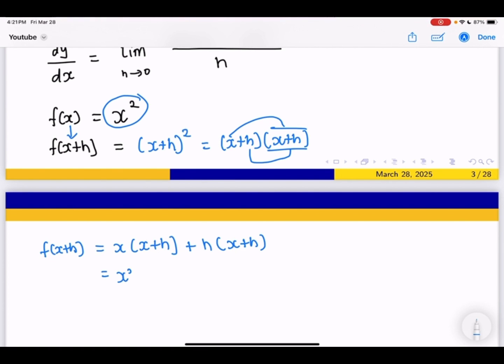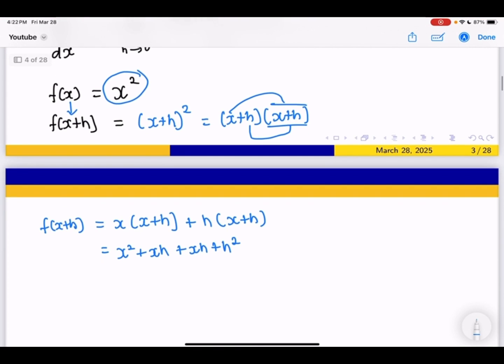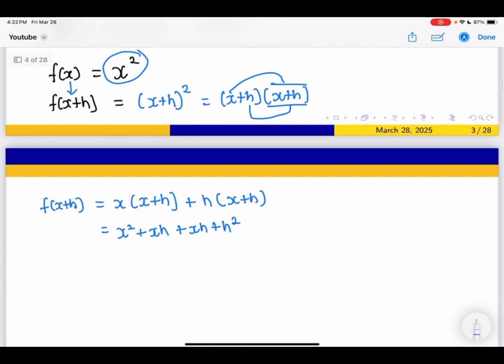So we are going to have x squared plus xh plus xh plus h squared. So now let's group like terms and add. So we are going to have x squared plus 2xh plus h squared. So this is your f of x plus h. So now we know f of x plus h, and f of x was giving us x squared. So we now have all that we need.